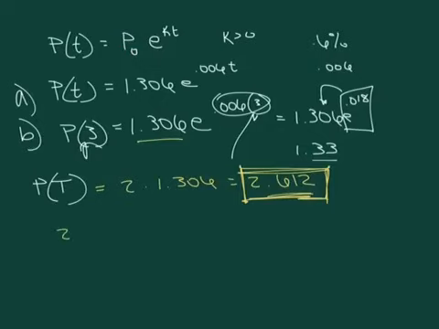So I am looking at what my t will be when my P of t is 2.612. So let's put 2.612, which is basically the number that we usually find, and this time we're given that, equals, and we're looking for the t. This is what we don't know.